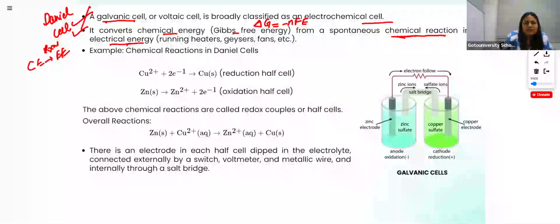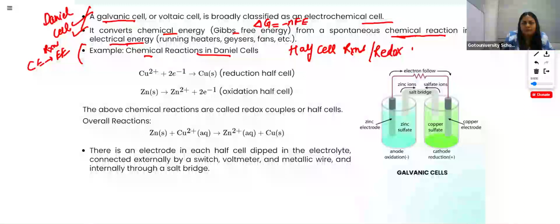The reactions that generally take place during conversion of chemical energy into electrical energy in Daniell cells are called half cell reactions, or redox reactions. What is a redox reaction? In it, one electrode gets oxidized and the other electrode gets reduced.